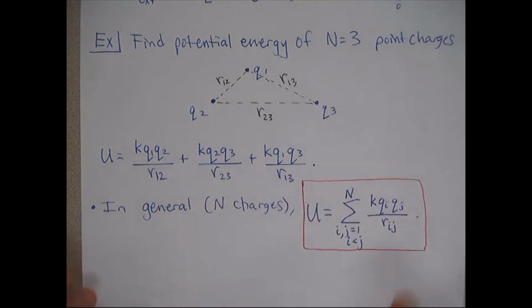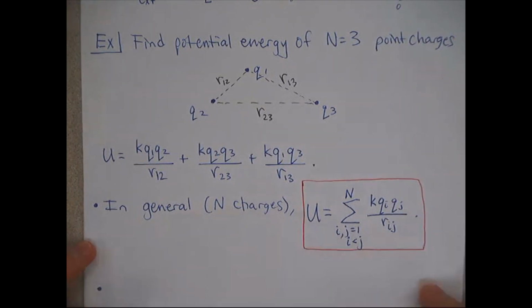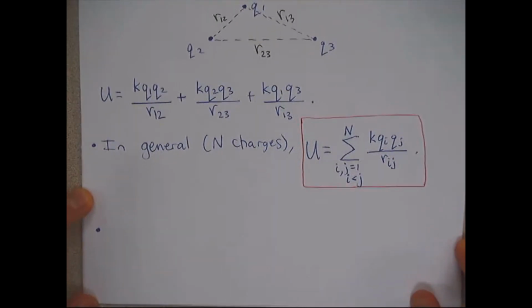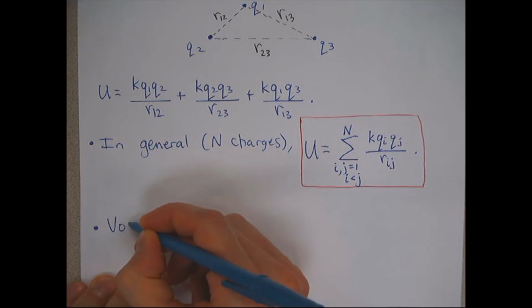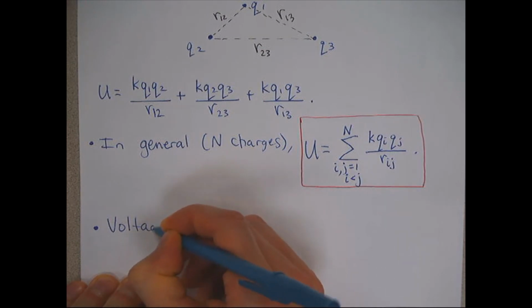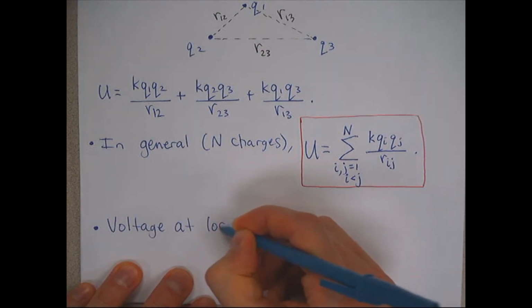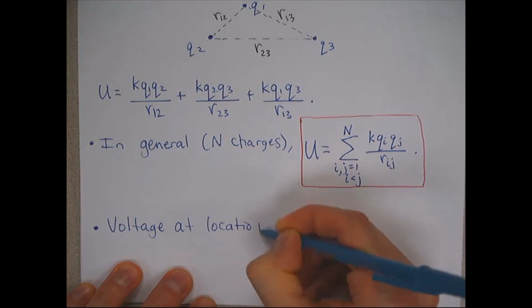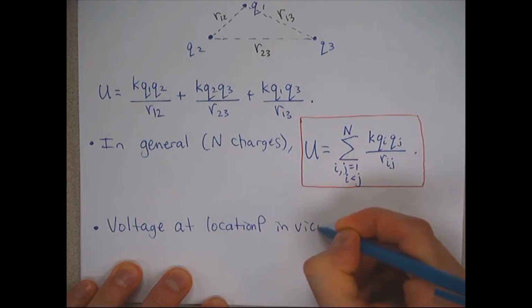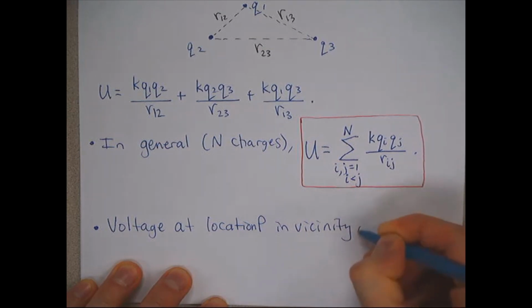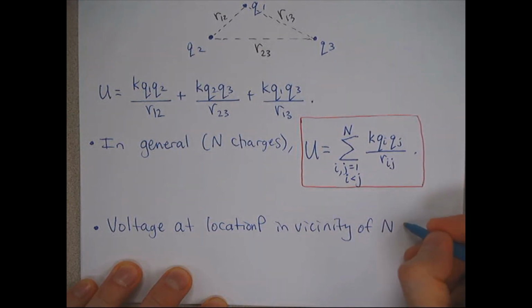Be careful that you think of the potential energy of this system in a different way, a different context than a different question, which could be to ask, what's the voltage at location P in the vicinity of n charges.